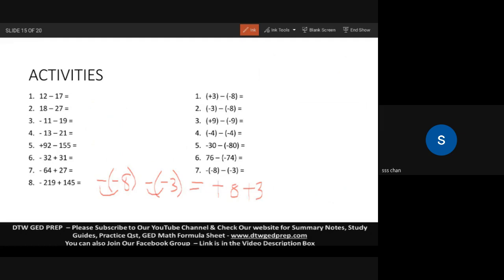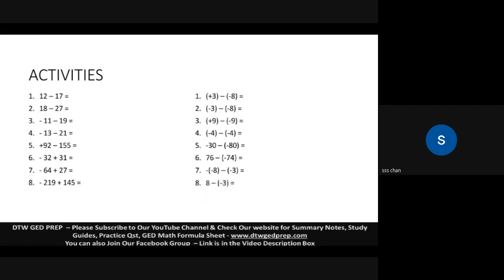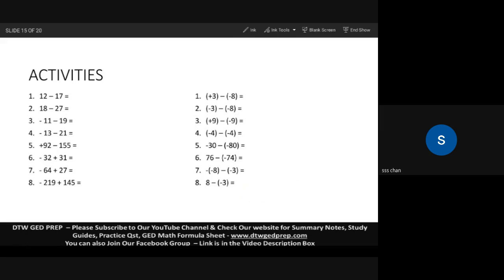Then when you add positive 8 plus positive 3, that gives you positive 11. The next one, we have 8 negative 3. We already established that when the negatives are together, it becomes a positive 3. And so this gives you 11.